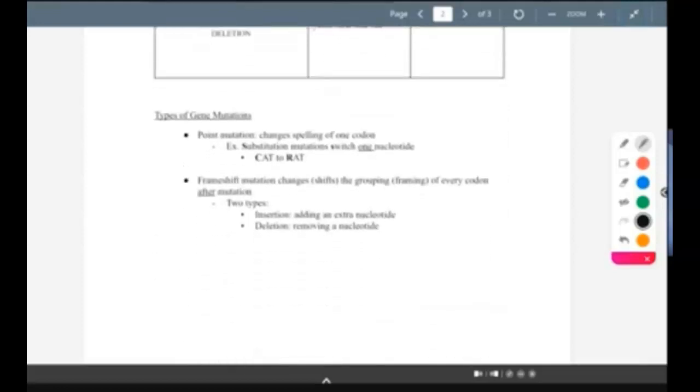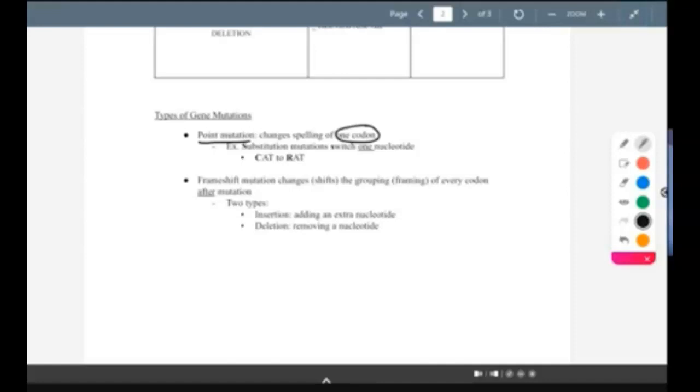Last little bit here. Types of gene mutations, okay? We just looked at a couple of examples of them. There's really two types. The first one is a point mutation, and you can always tell it's a point mutation because it just affects the sentence at one point, right? That first one that we did, the bat ran far instead of the cat ran far, just one word got messed up.